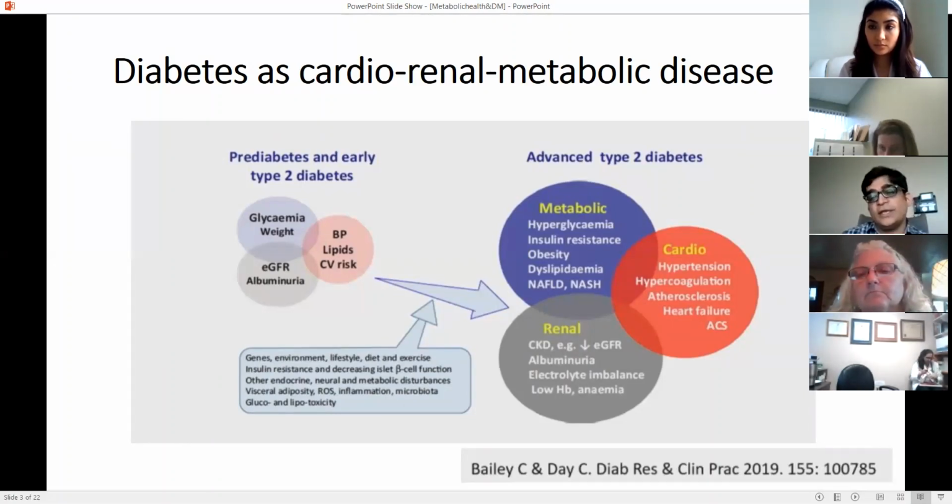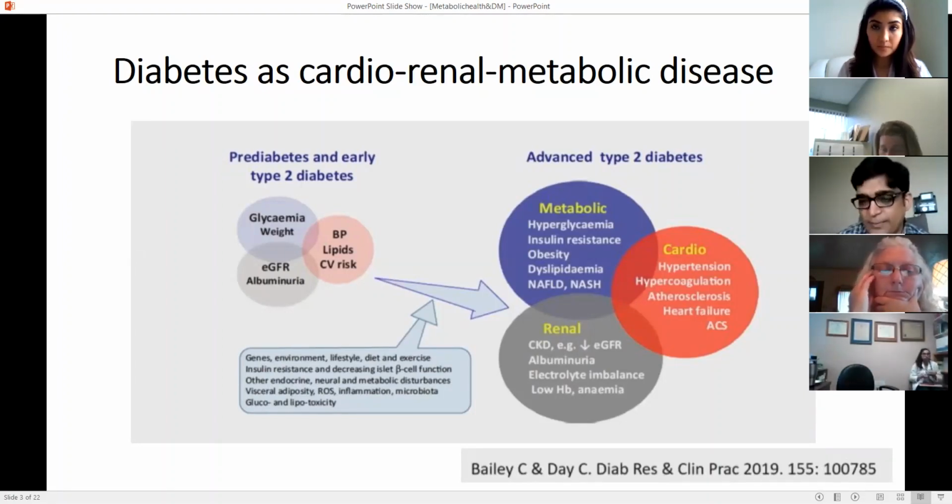Similarly, the kidney, because of high blood pressure, the GFR will continue to decline, albuminuria, meaning loss of proteins in the urine, will take place, and as a result, hyperkalemia, elevated creatinine, and anemia from kidney damage will also happen.